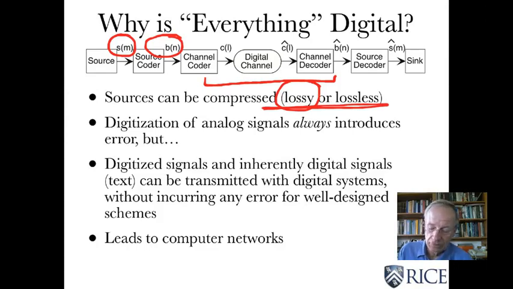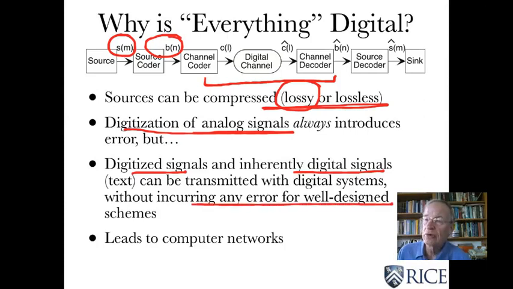So that means once you are willing to incur the error in digitizing analog signals, converting them to bits, digitized signals and inherently digital signals like text can now be transmitted over a common communication scheme without error. And that is really interesting. So once you have bits, you've got a chance. You can send the bits through a channel with no error.